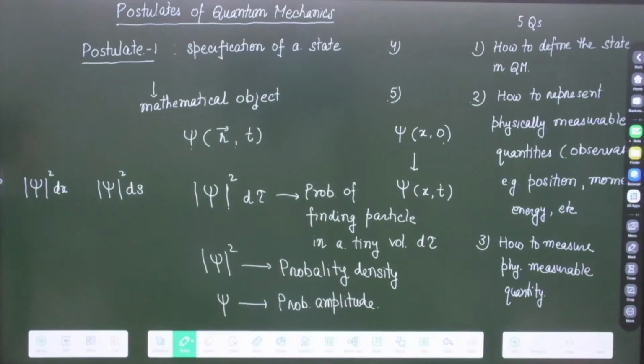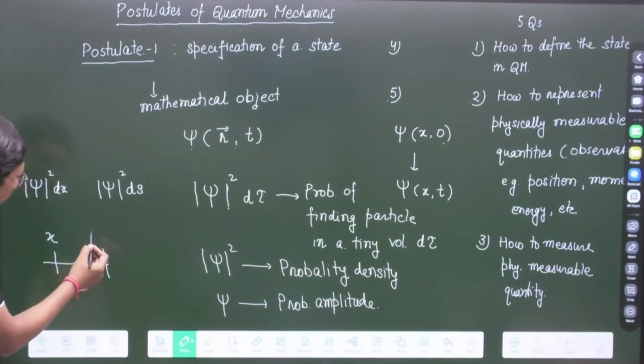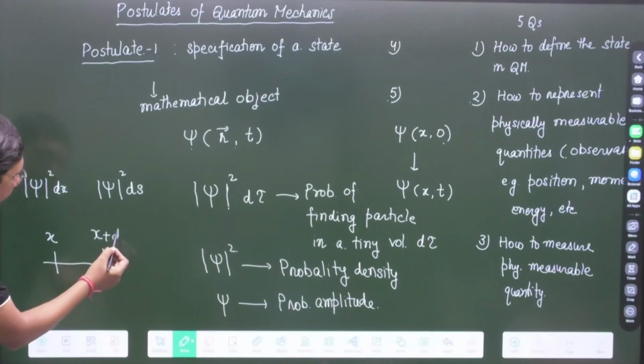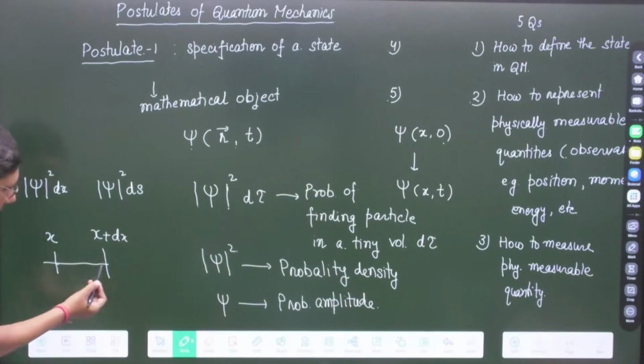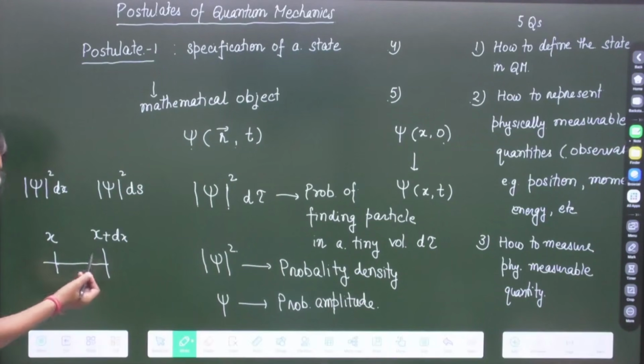Now suppose you want to find the probability of finding the particle between x1 and x2. Earlier, it was in the length element from x to x plus dx. But your next question will be, suppose I want to find the probability between x1 and x2.